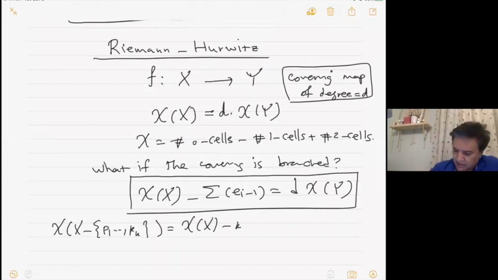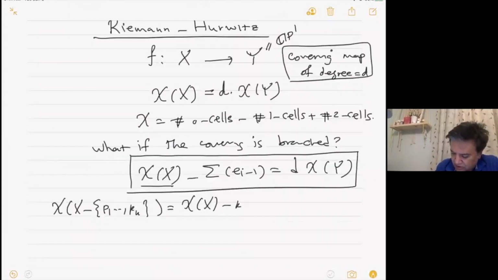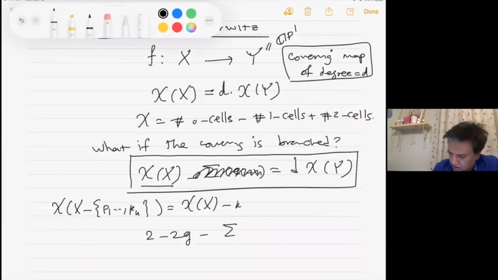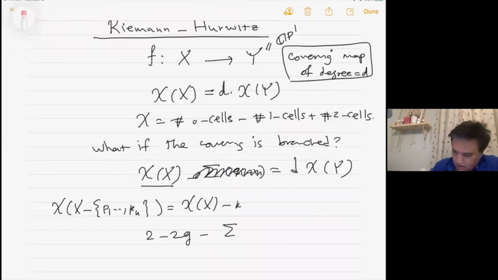So now let's see what happens if Y is CP1. In this case, we get the Euler characteristic of X is 2 minus 2g minus sigma. Oh, sorry, minus should be written here, because the number of points is counted on the other side.